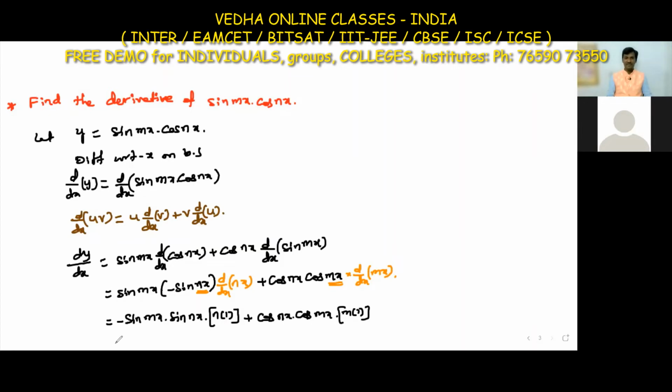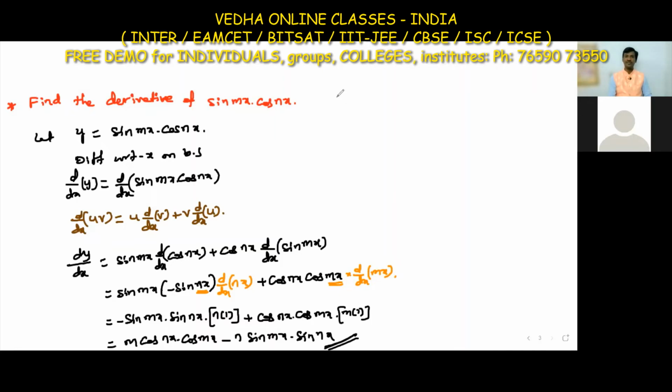So finally what we are getting here, the positive term I am writing first. So that means m into cos nx into cos mx minus n into sin mx into sin nx. Okay, this is the required solution.